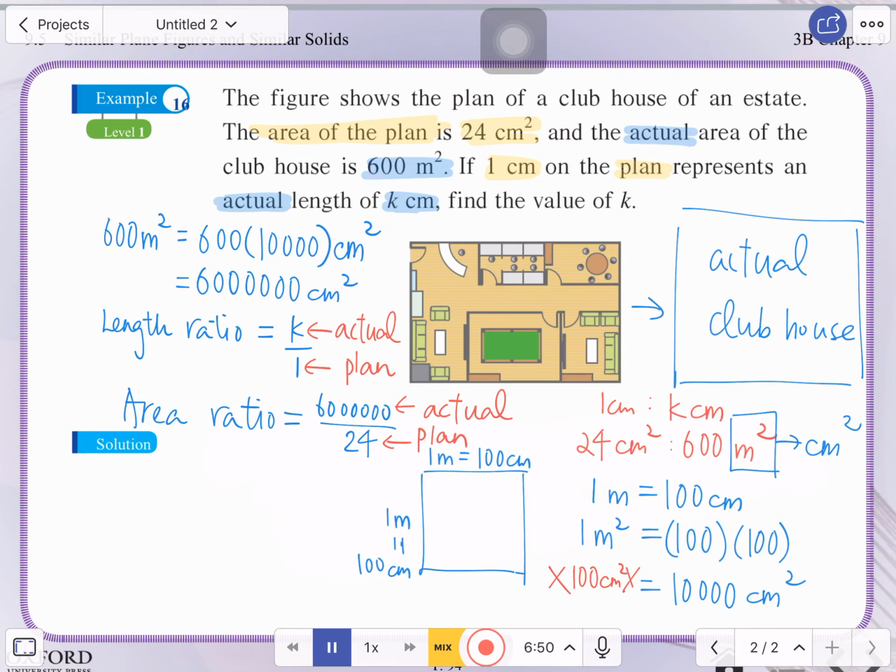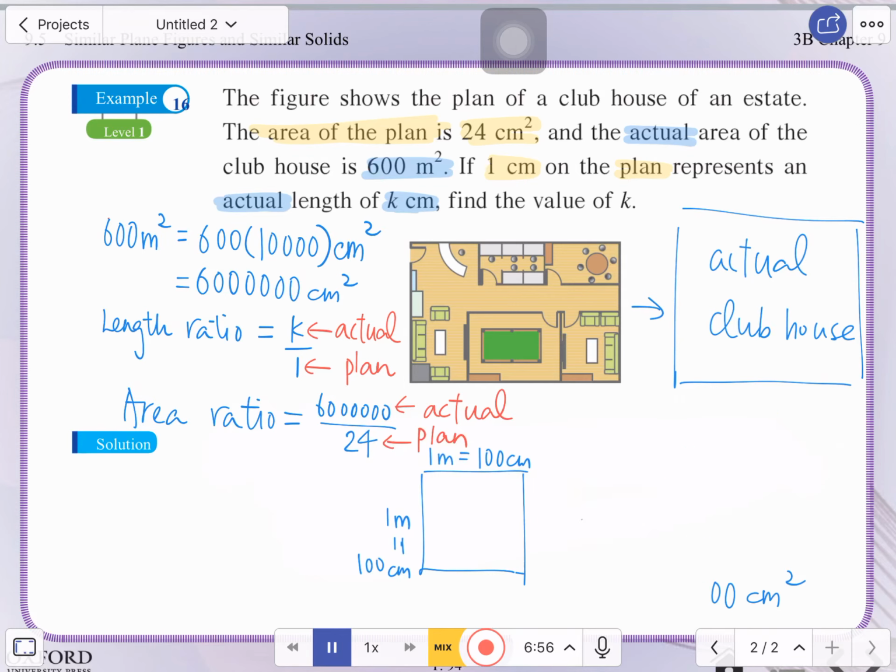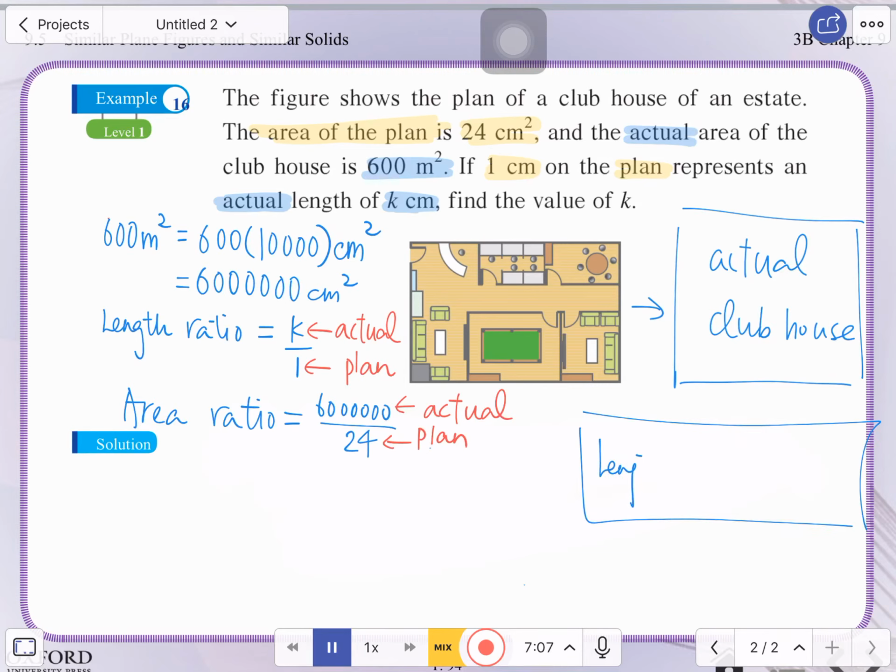Now we can go on to solve the equation. We know that the length ratio square will be equal to the area ratio. The power of 2 we always put on the length ratio.